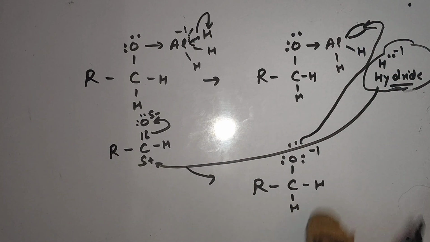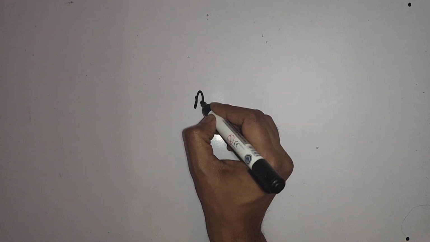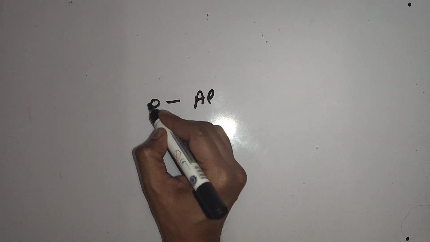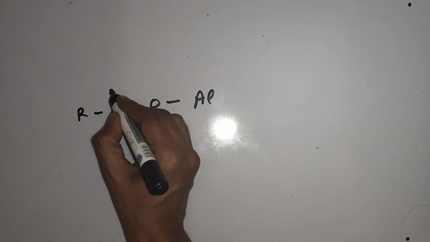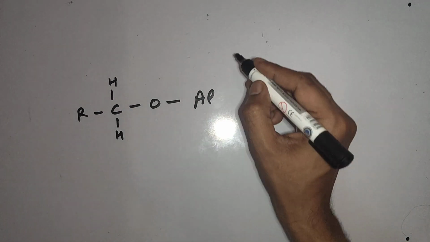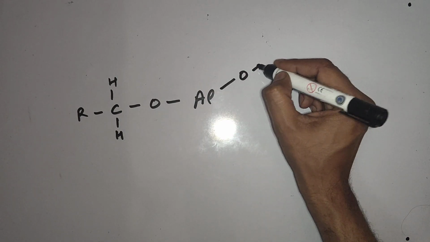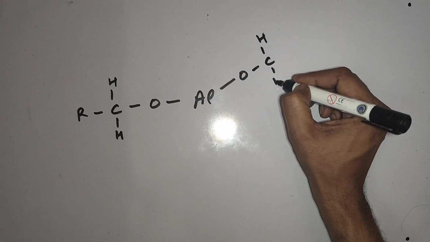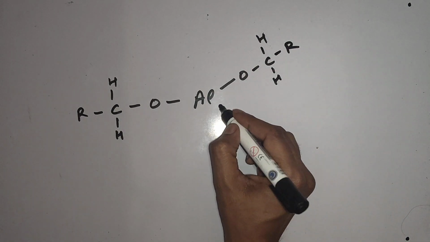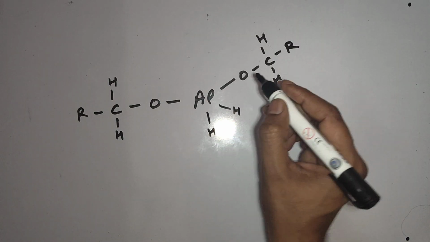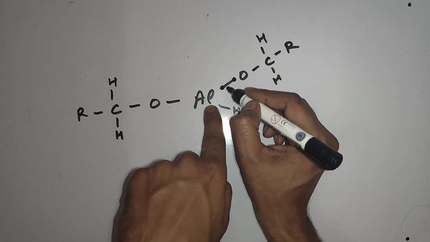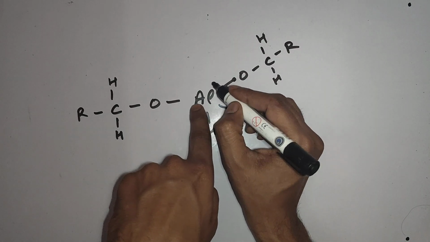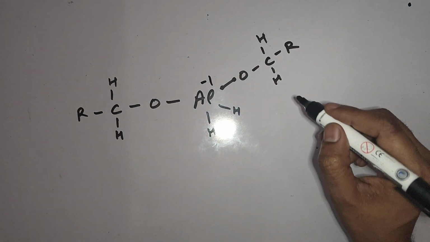Let's draw it. This is the condition of aluminium. Now because the second oxygen has made a dative bond with it, again a negative charge will generate.